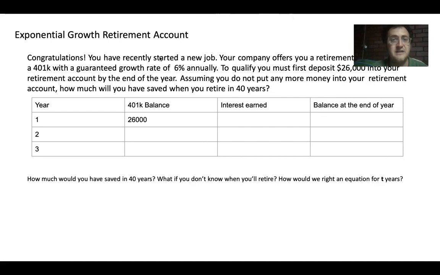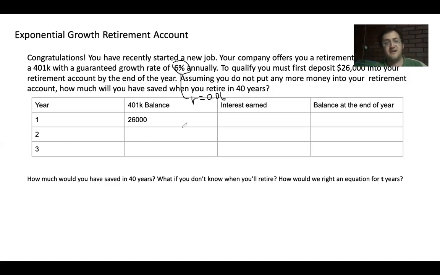By the way, what you will notice in our formulas is that R is in decimal form, so that's going to be 0.06. To qualify, you must first deposit $26,000 into your retirement account by the end of the year, assuming that you do not put any more money into your retirement account. How much will you have saved after you retire in 40 years?